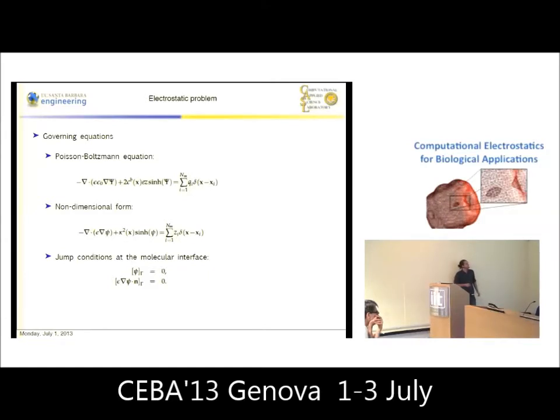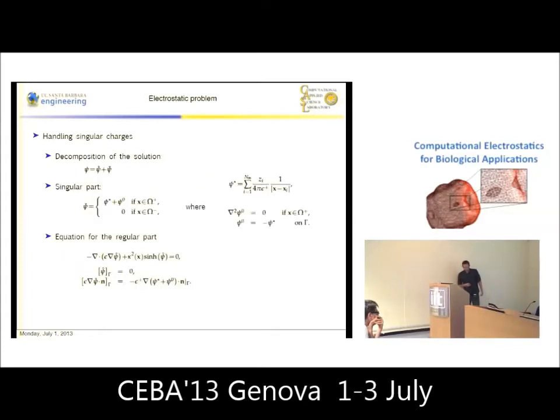So this is the nonlinear Poisson-Boltzmann equation. And this equation is completed by these two jump conditions, which are the continuity of the electrostatic potential and its flux. The way we solve this equation is by decomposing the solution into its singular and regular part.